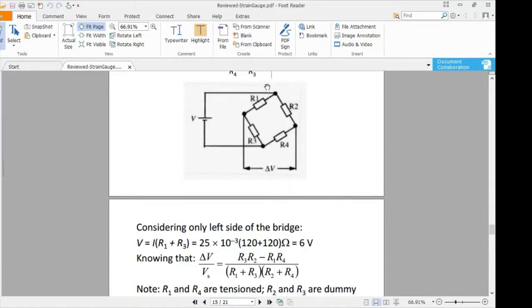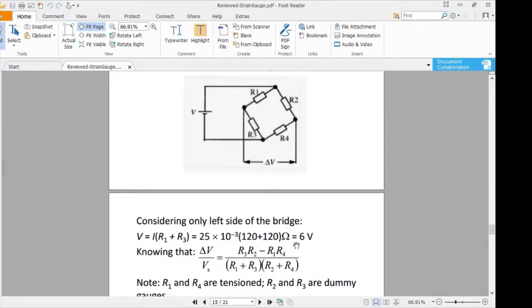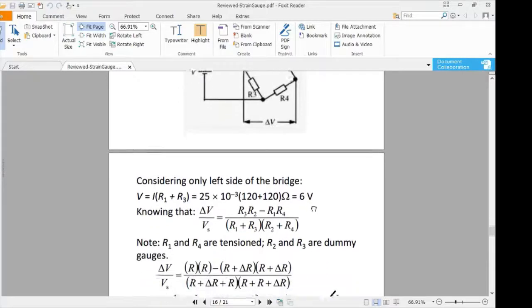The voltage will flow through R1 and R3 and back to the bottom. So voltage V is equal to I multiplied by R1 plus R3, as these two resistors are connected in series. The current is 25 milliamp, and R1, R3 both have the same resistance of 120 ohms. This tells us that the voltage applied to the Wheatstone bridge is 6 volt.